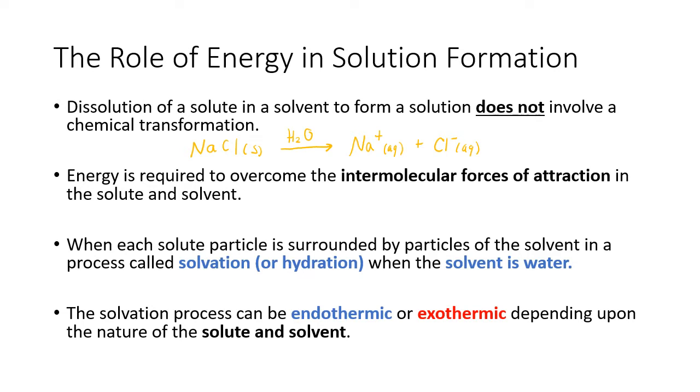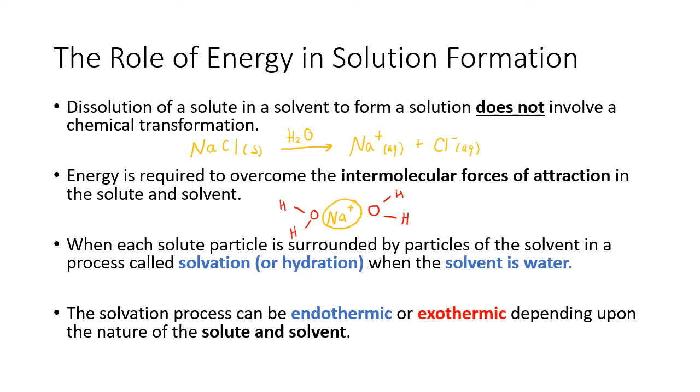Some energy is going to be required to overcome those intermolecular forces that are holding together the water molecules, and that is hydrogen bonding in water. So what's going to happen is the sodium ion, which has a +1 charge, will become solvated or hydrated. It'll be surrounded by the water molecules. But how those water molecules orient themselves is going to be very important.